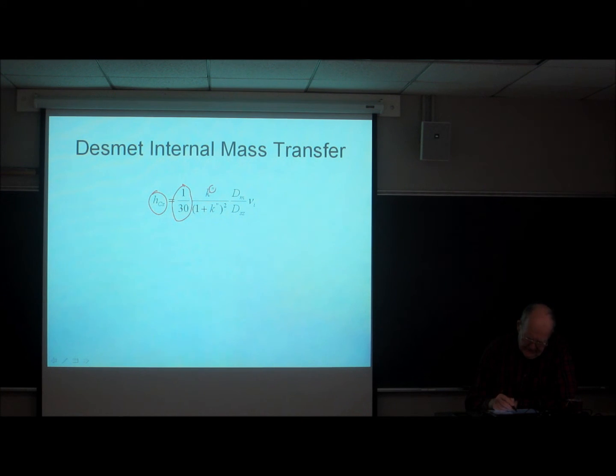Notice the dependence now on K double prime. There's only a first power of K double prime in the numerator, but a second power in the denominator. This is going to give us a very different dependence. Then we've got the ratio of the diffusion coefficient in the mobile phase to the diffusion coefficient in SZ. That's not a typo. My finger didn't stutter. That is called the stationary zone diffusion coefficient.